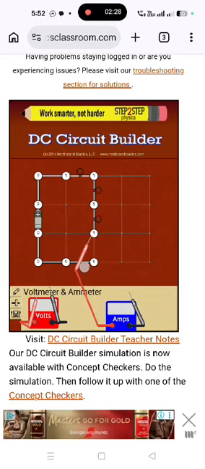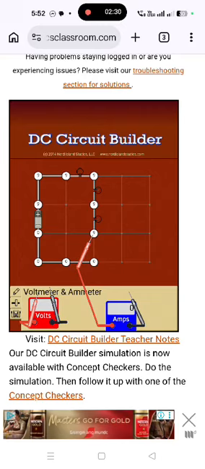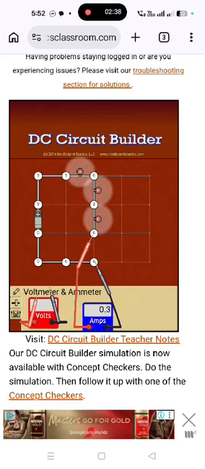This is for the positive and this is for the negative terminal. So how much is the current? It's 0.3.